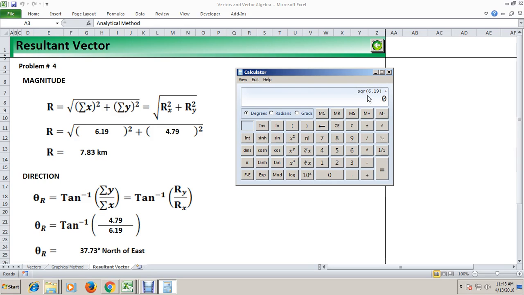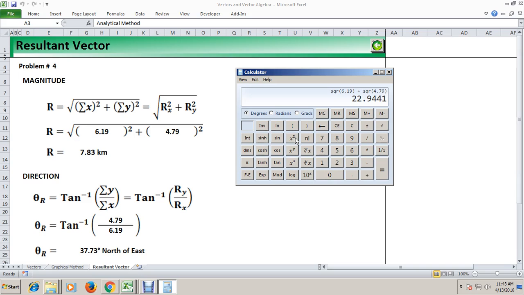Okay, let me repeat that. I'm having a problem with my mouse. So plus 4.79 squared.